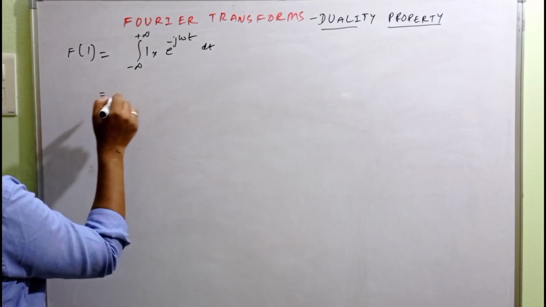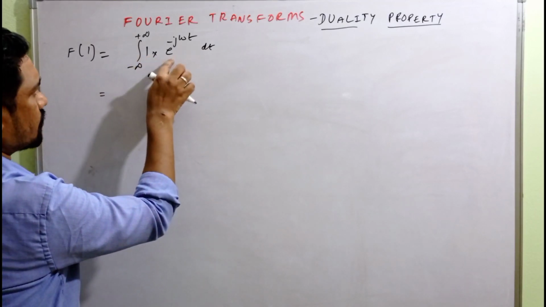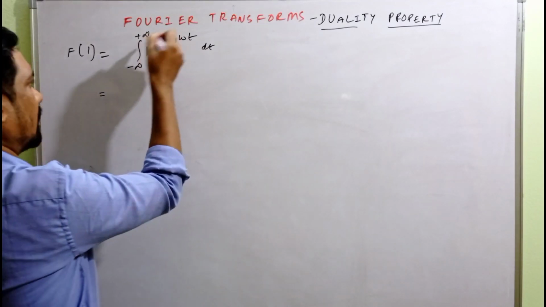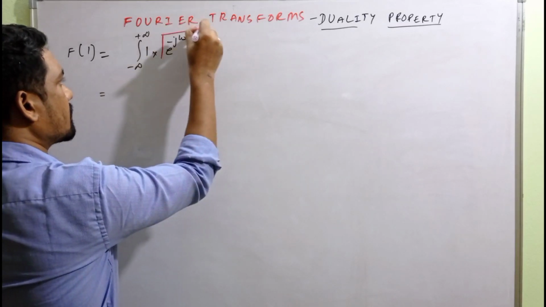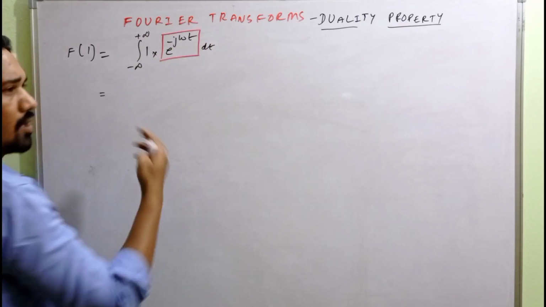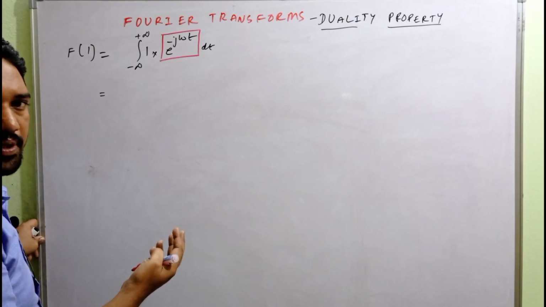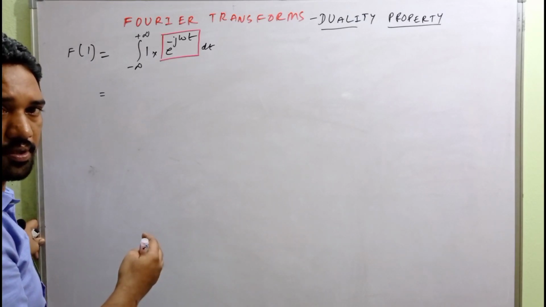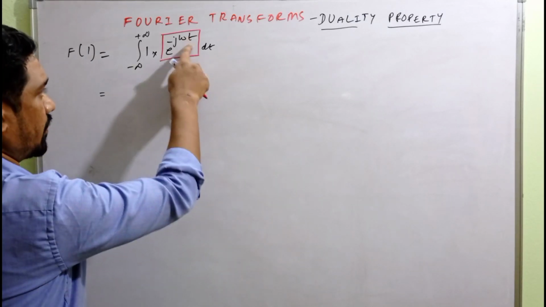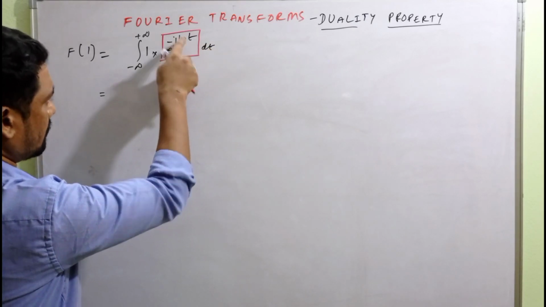Integrating this term with respect to t, the integral of e power x is e power x upon a, if x is treated as a variable with respect to t.